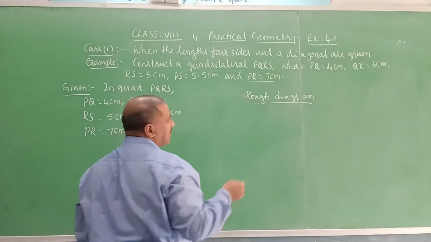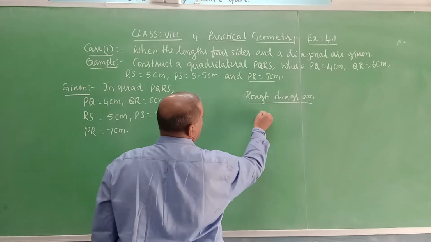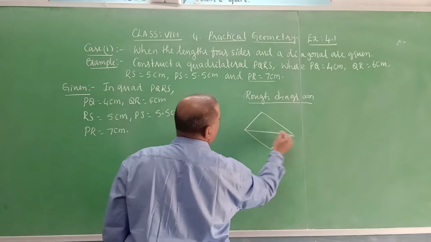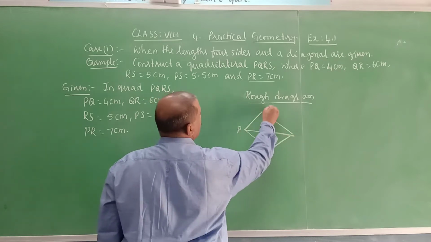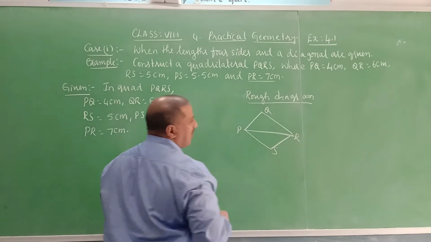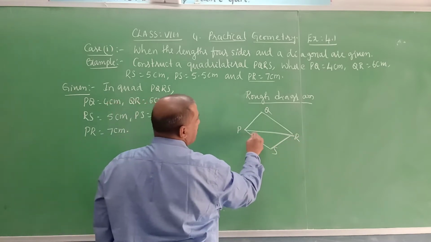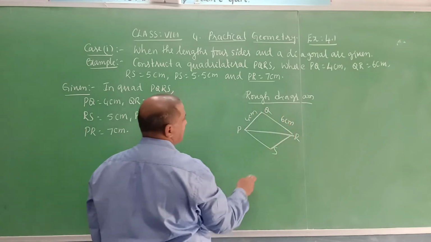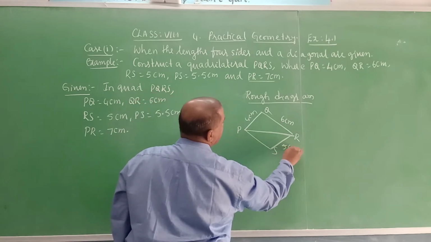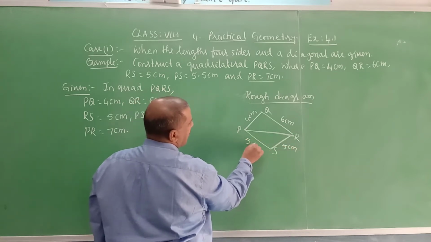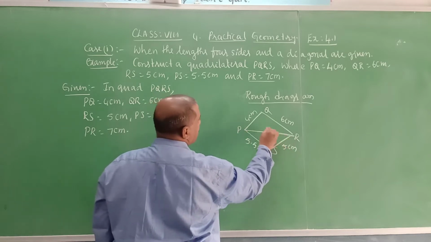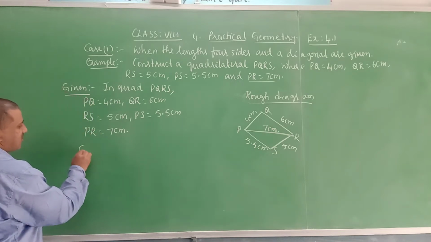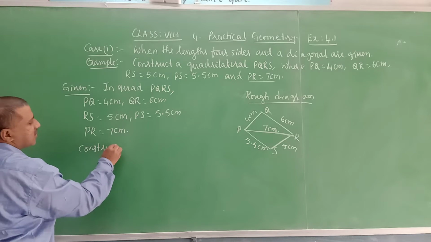Here the rough diagram is like this: P, Q, R and S is a quadrilateral, and mention the measurements. PQ is 4 centimeters, QR is 6 centimeters, RS is 5 centimeters, PS is 5.5 centimeters, and the diagonal PR is 7 centimeters. Now, here the construction. The main construction we will do here.